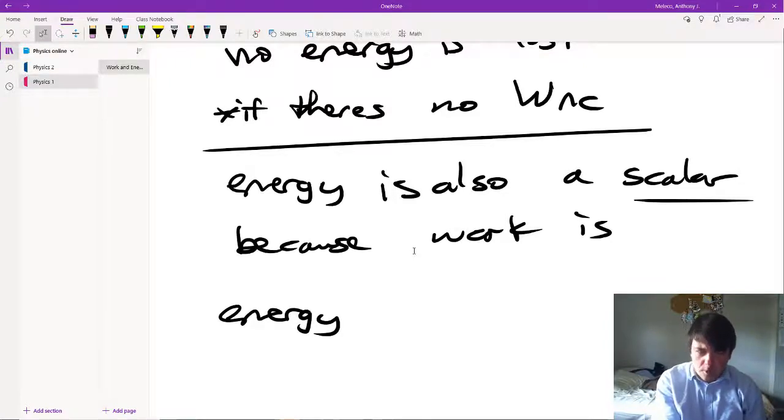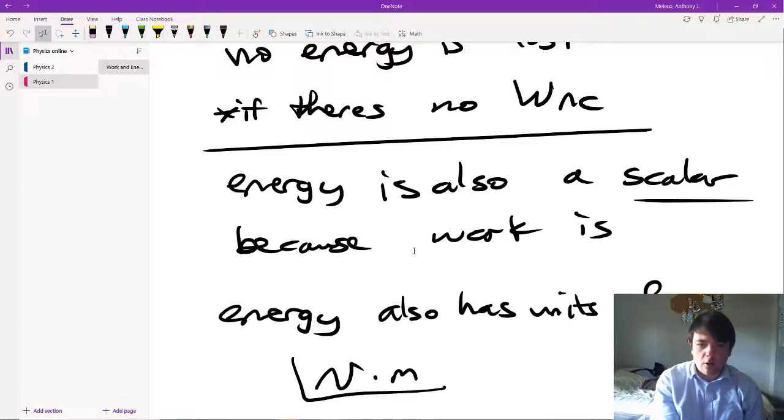So energy also has units of Newton meter, and we also call these joules. Okay.